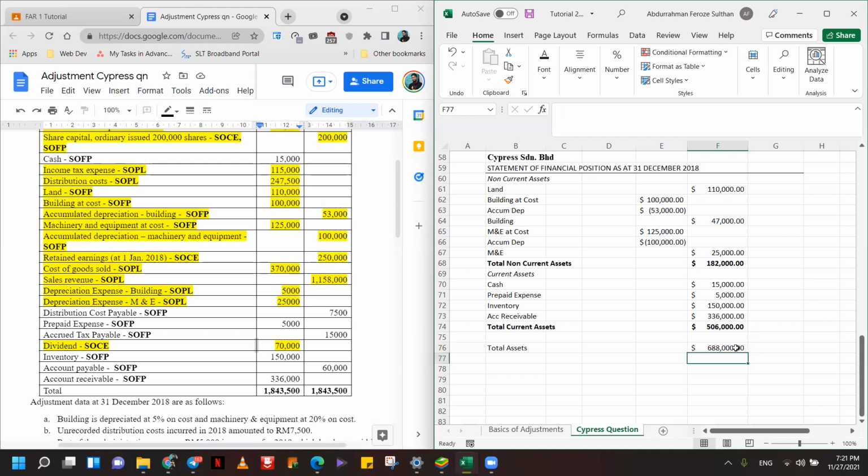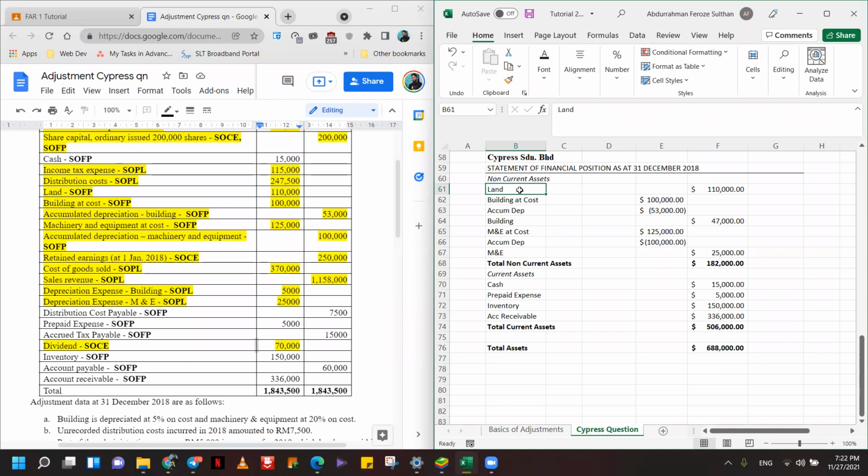Is everything clear until now? You guys understood everything over there? Sir, can you explain why for building and machinery, we have to minus accumulated depreciation? Okay. So in the statement of financial position, you need to show the current value of your asset.